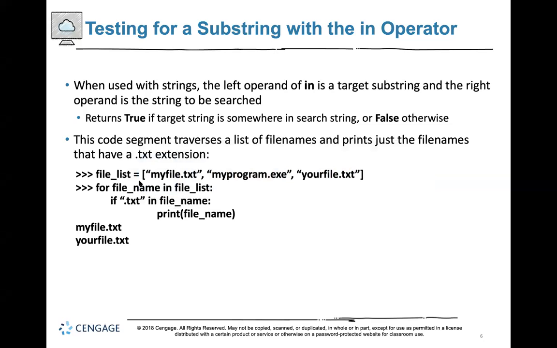Now, of course, this is an example here. Let's say we have a list. We're going to see more details about lists later on. We have a list of 3 strings. And then we loop through that with a typical for loop.